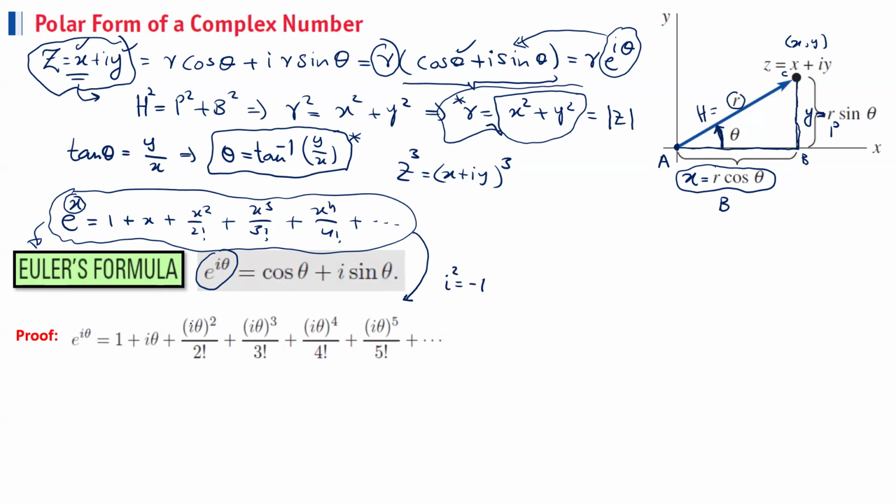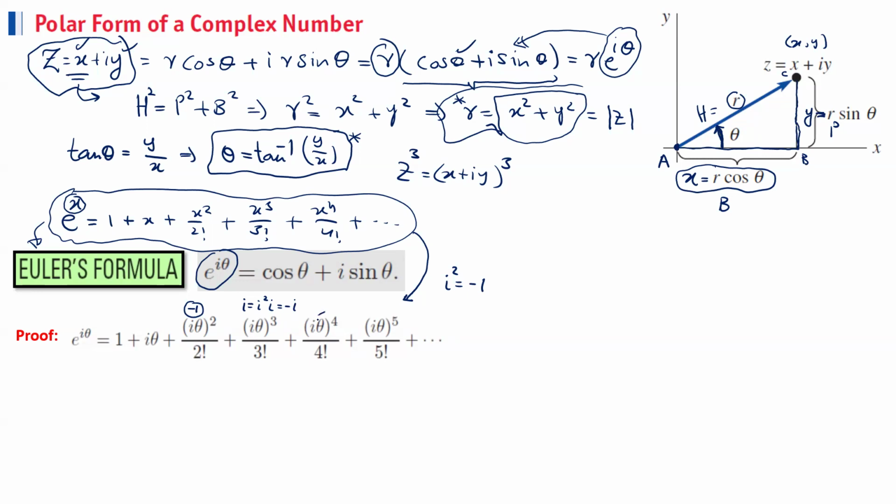So in this term, I have i theta, and iota is squared here, so a minus will be introduced from this term. Similarly here, this is iota cubed. So iota cubed is equal to iota squared into iota. This will be equal to minus iota, because iota squared is equal to minus 1.